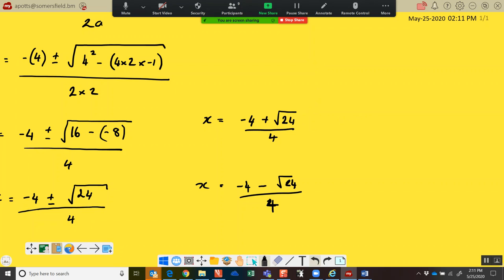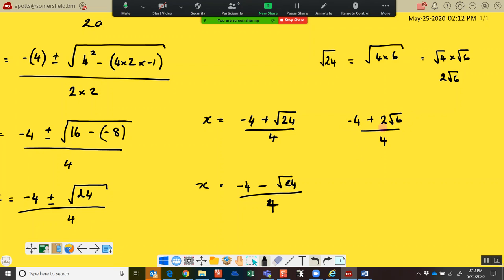Can we simplify 24 at all? Because root 24 is the same thing as root 4 times 6, which is then root 4 multiplied by root 6, which is 2 root 6, okay?